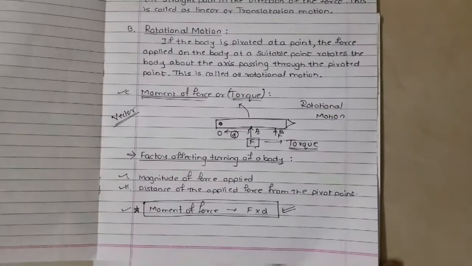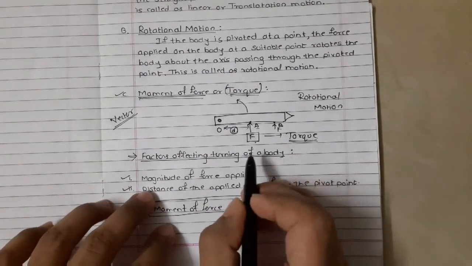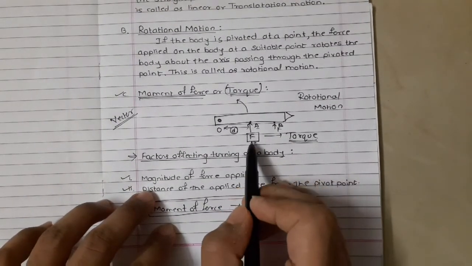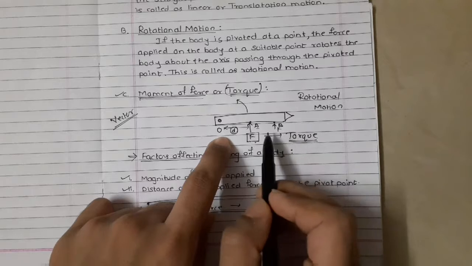There's also one important point we missed, that it depends upon the force. We discussed that point, but let me highlight it once again. It depends upon the magnitude of force and the distance from the pivot point at which it is applied to rotate the body.